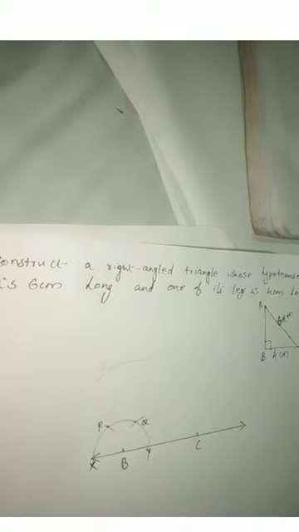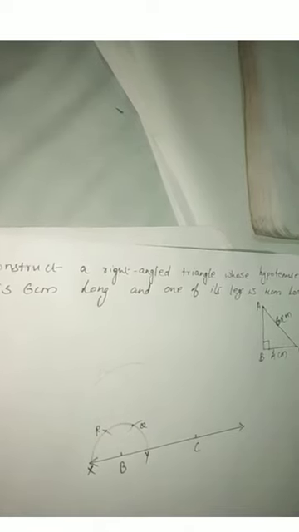Now we can join. Before joining, this intersecting point and B, we can name this one as A. Now join A, B.